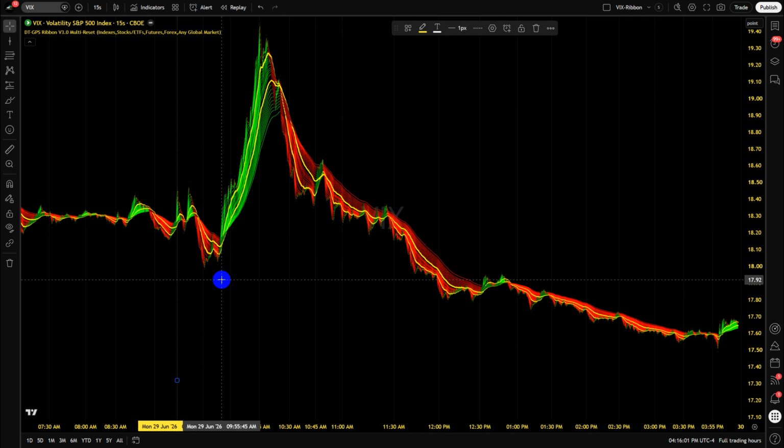So basically here you have around 956. I remember that was basically, if we go back to the chart, the start of the move down. So we're getting kind of an early read here because we're getting a green ribbon on the VIX spiking up, and as you can see here, it almost went completely vertical. And that's when they get the big move all the way down to YDC from here to here.